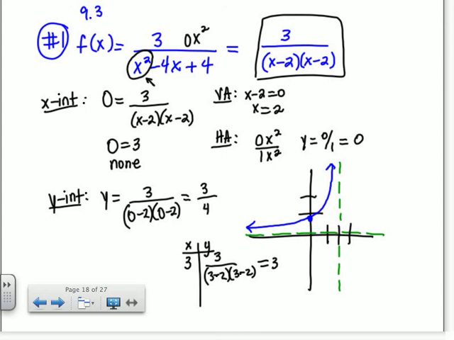So I'm at 3, 3, right up here. So it comes down, goes along the asymptote like that. There were no holes, so that's the end of it. If something on the top factored with something on the bottom, like x minus 3 and x minus 2, and x minus 2 were both on top and bottom.